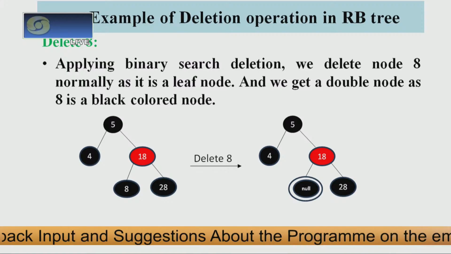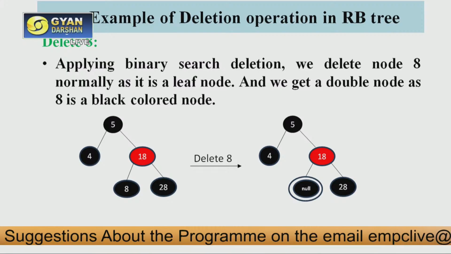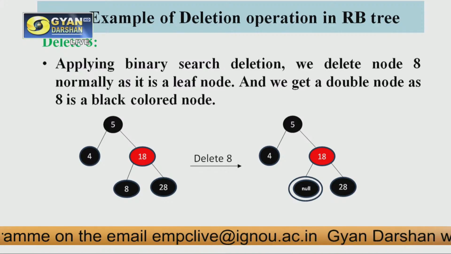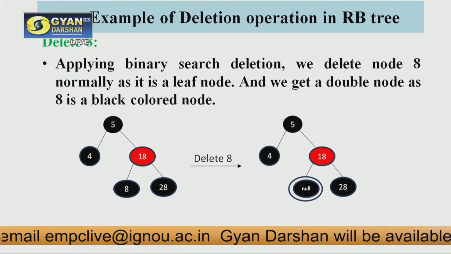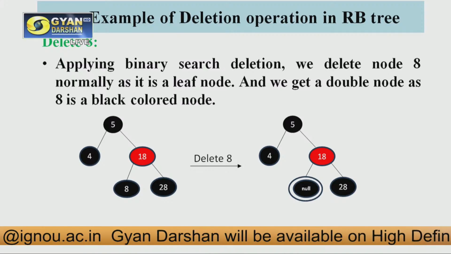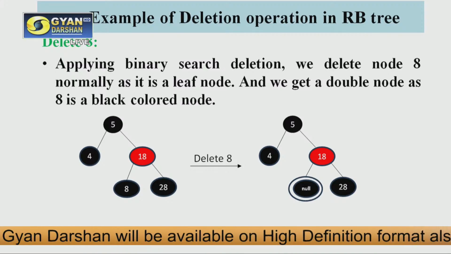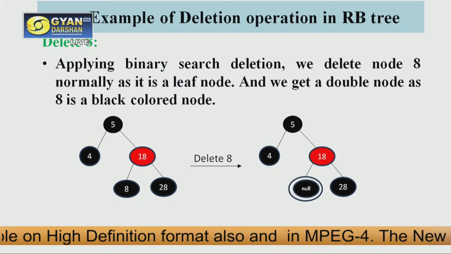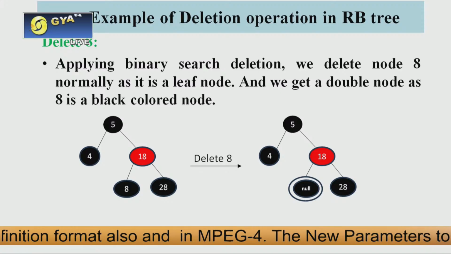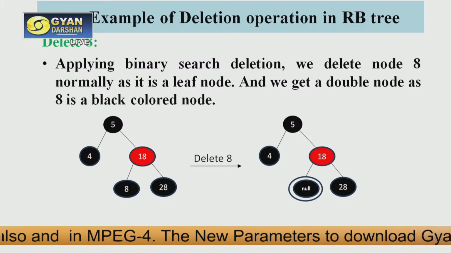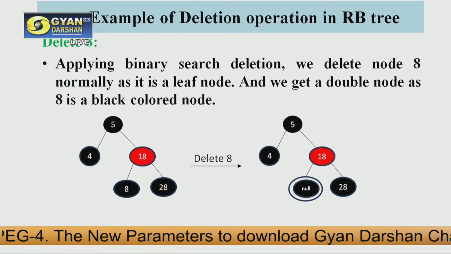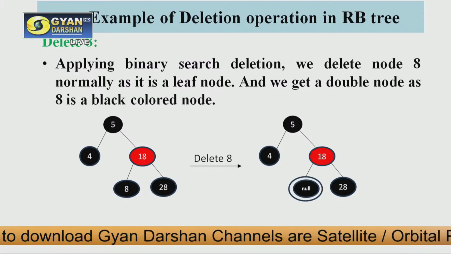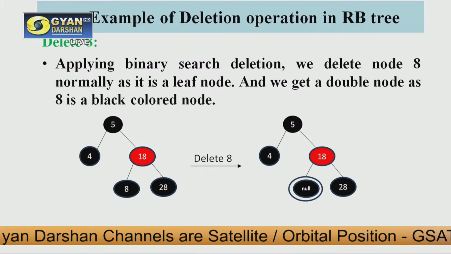Because it is a leaf node and it is a black node, we delete 8, but we make it double black, because a null node, whether left null node or right null node, is already black. So after deleting 8, we get a double black node, shown on the right side.